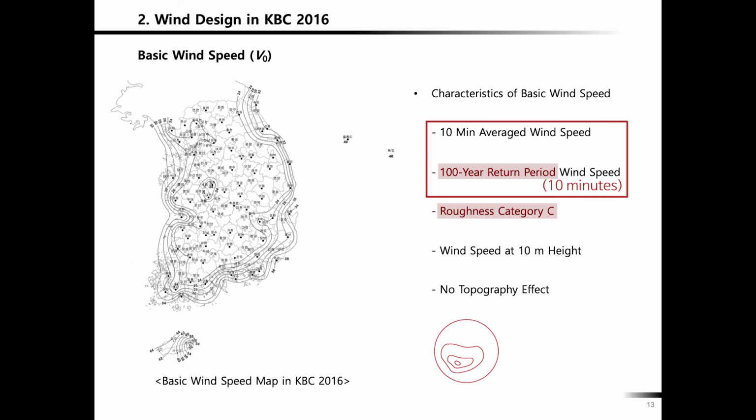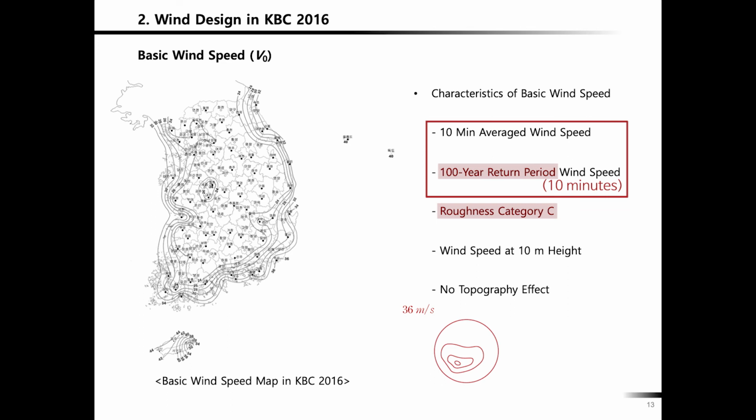For that site, I have the same 100-year return period of 10-minute average wind speed. Maybe I can pick 36, very high, 36 meters per second.